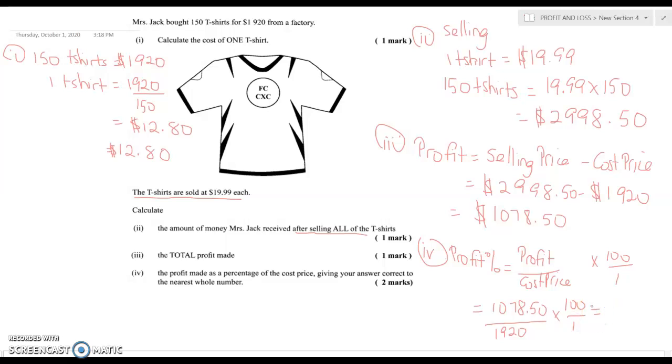Again, you could just work this out on a calculator. So put in $1,078.50 divided by 1,920, then multiply by 100, and to the nearest whole number we would get 56%.